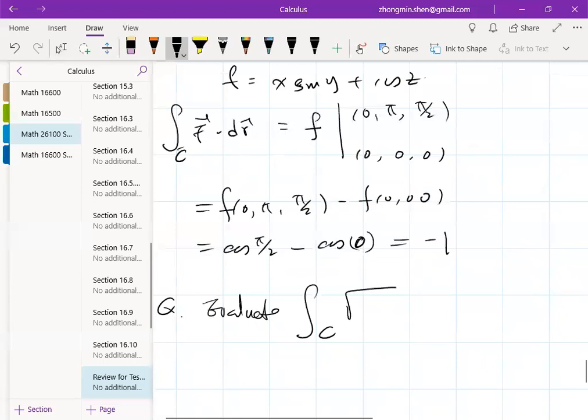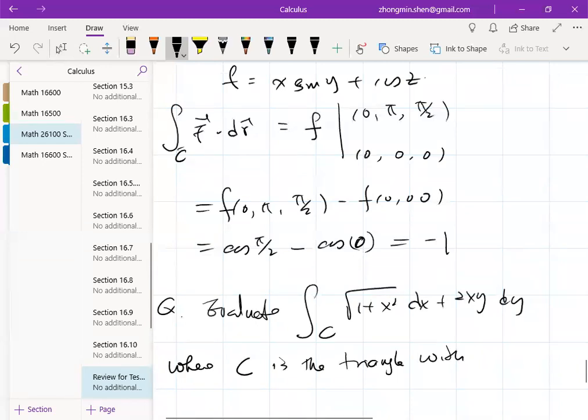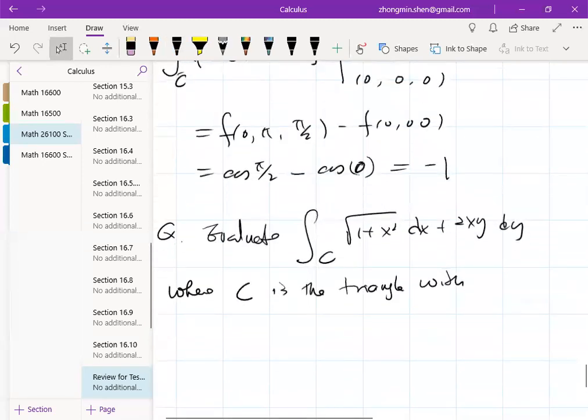Evaluate this line integral. Well, C is the triangle with vertices (0, 0), (1, 0), and (1, 2).